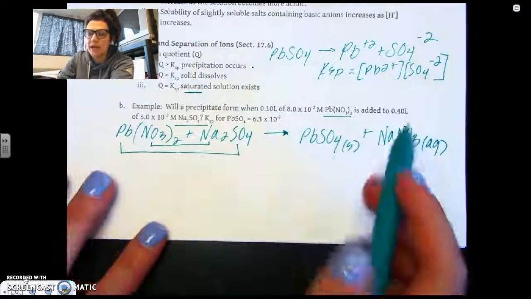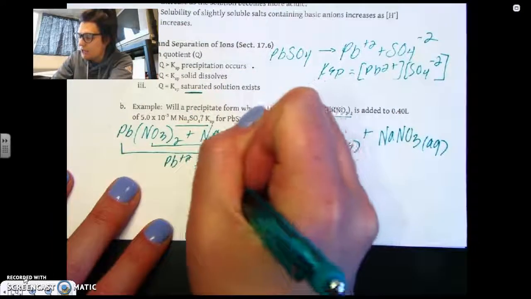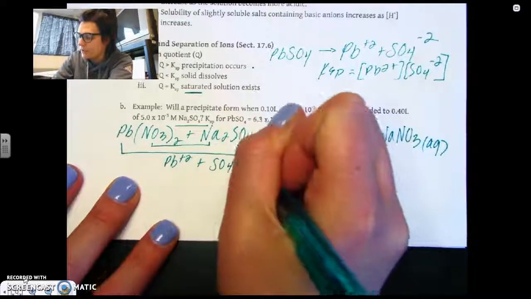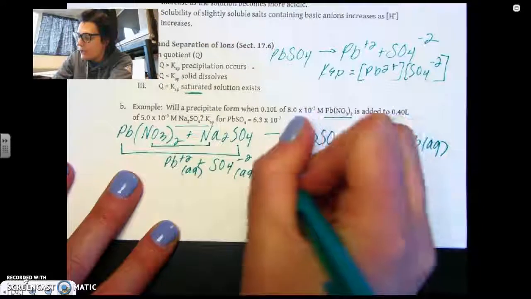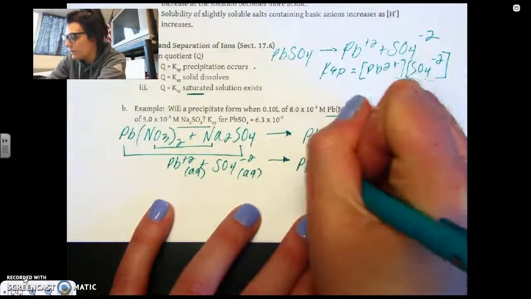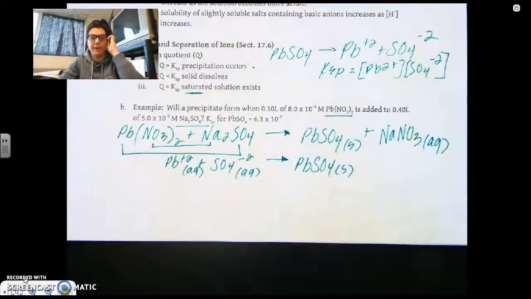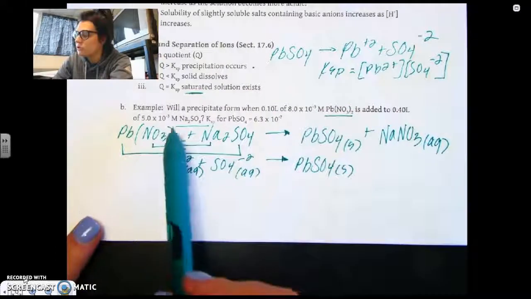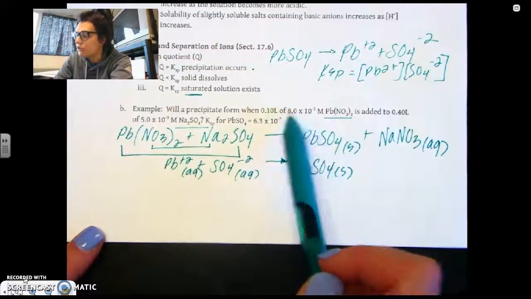So ultimately the reaction you're looking at is lead and sulfate aqueous, and you're asking yourself if you're going to form lead sulfate solid. You're given two different molarities and two different volumes.